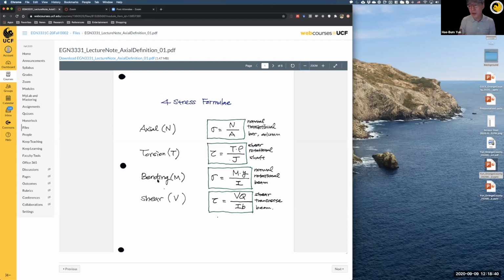So a beam is a very good example of bending. I want to go back to Gabriel's answer, the truss. If you remember, I'm talking about the ideal truss. A truss is members connected with pins, right?